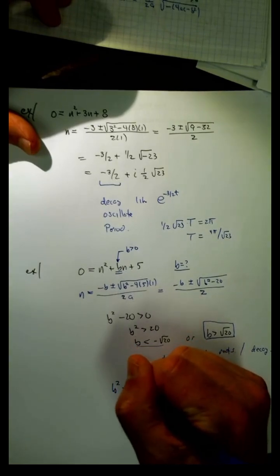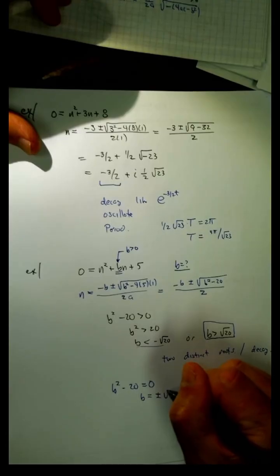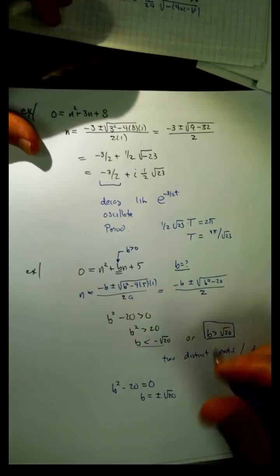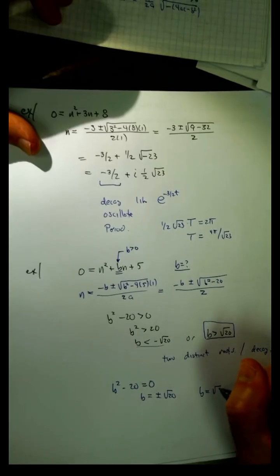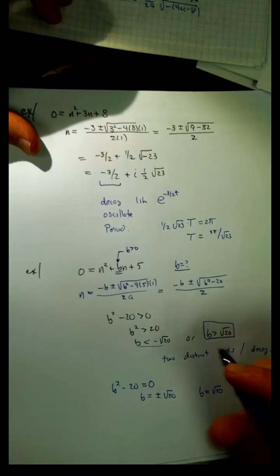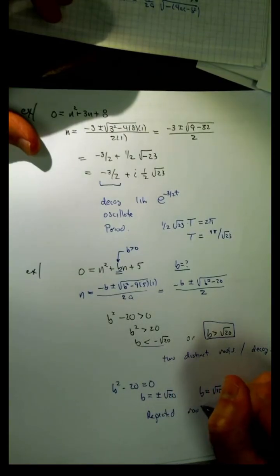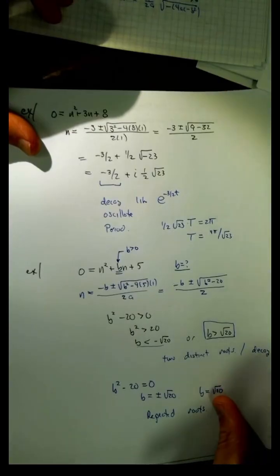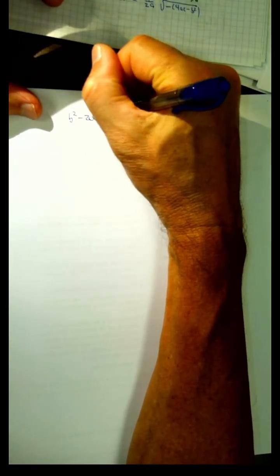Well, if we have b squared minus 20 equals 0, or b equal to plus or minus square root of 20, again, we want b to be physically relevant, so we'd want the positive. In this case, now we're going to have repeated roots. Okay. And then the final situation is b squared minus 20 is less than 0.